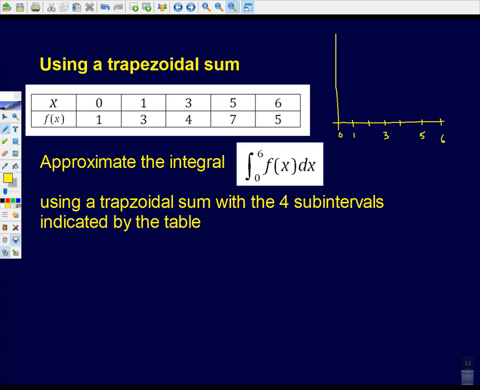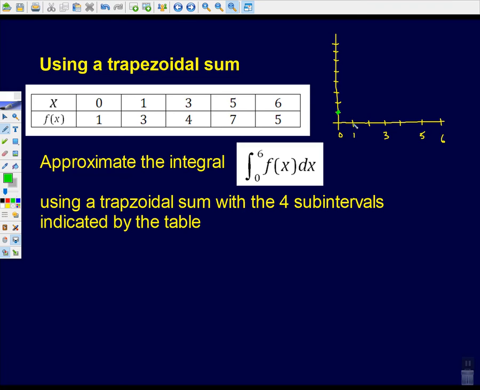Now I'm going to mark in green here where the function values are. F of 0 is 1. Actually, I better mark off the x-axis, y-axis here up to at least 7. 2, 3, 4, 5, 6, 7. Maybe I'll go to 8. And so now in green here, f of 0 was 1.